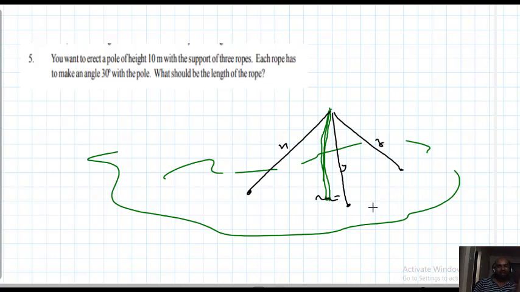Actually all are equal, x equals y equals z, because all are making the same angle with the ground. So join this foot and that automatically is perpendicular. All should make 30 degrees. This also 30, this also 30. All are making 30 degrees and all lengths should be equal. It is enough to find one length, and multiplied by 3 it gives the total length of the rope.